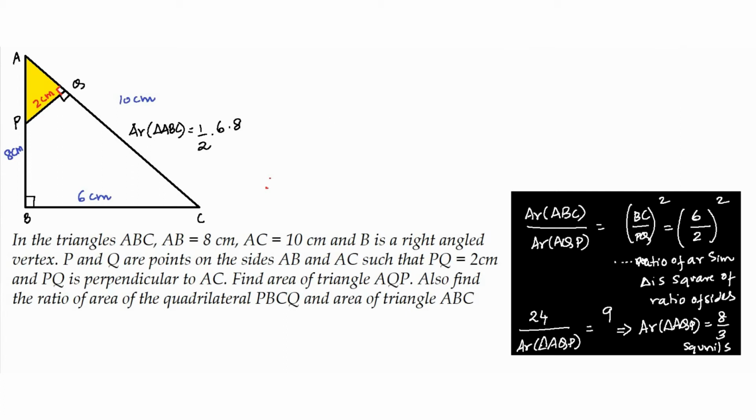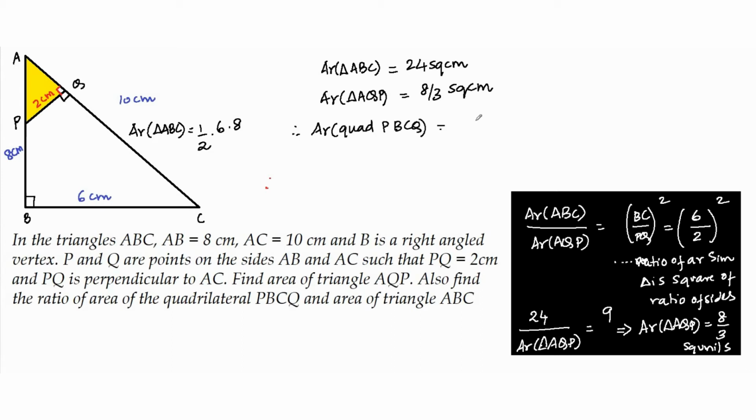So the area of triangle ABC is 24 square centimeters, and the area of triangle AQP is 8 upon 3 square centimeters. Therefore, I can definitely find the area of quadrilateral PBCQ, right?